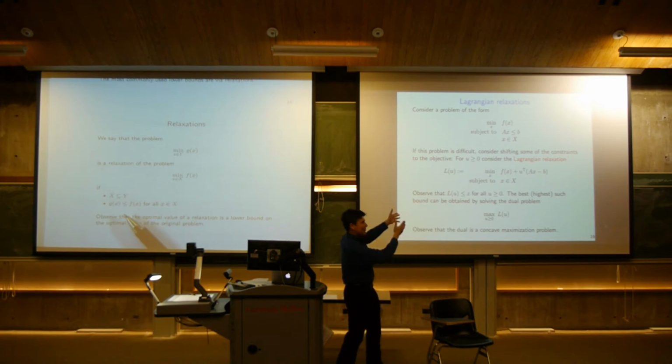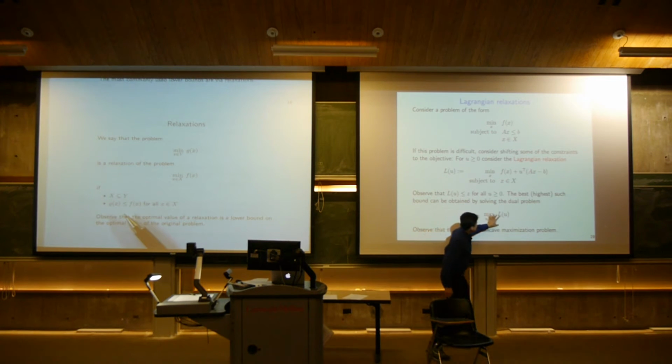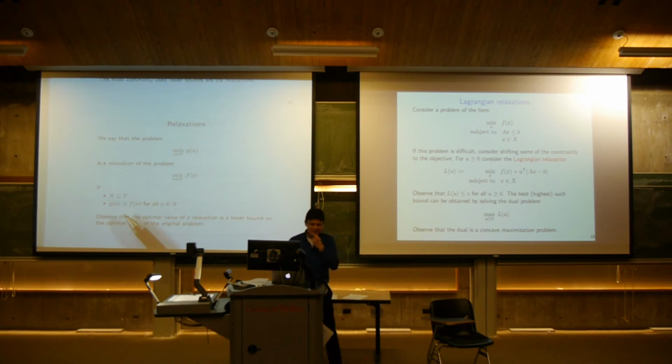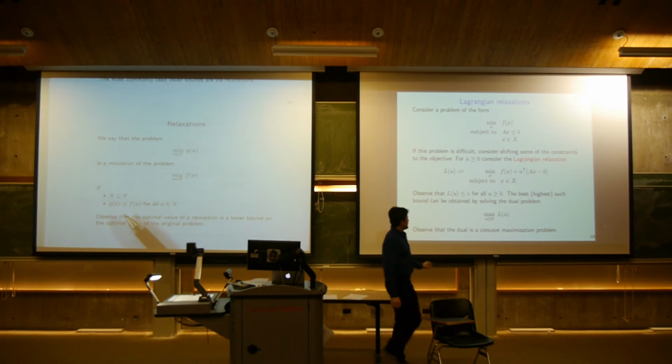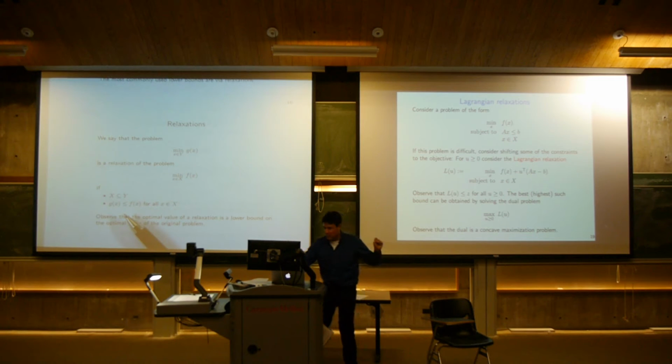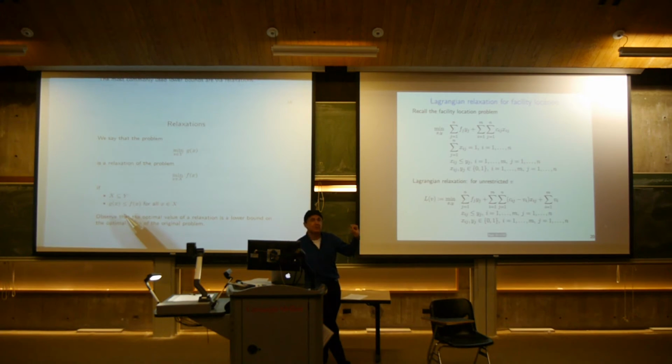We can apply that to finding the best Lagrangian relaxation, okay? So here is something. Think about why this is concave. And I'm going to give you an example of Lagrangian relaxation that works extremely well.